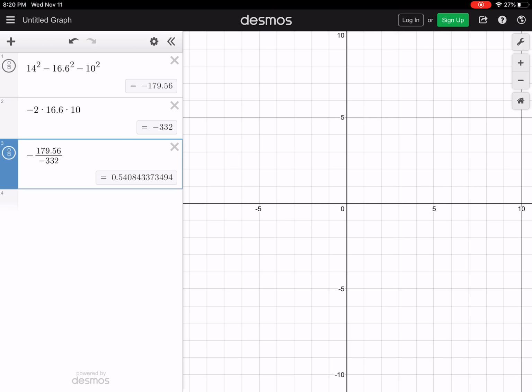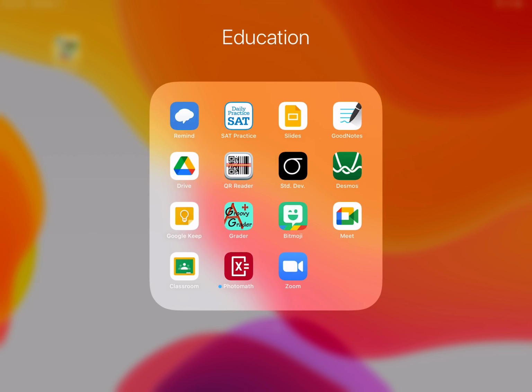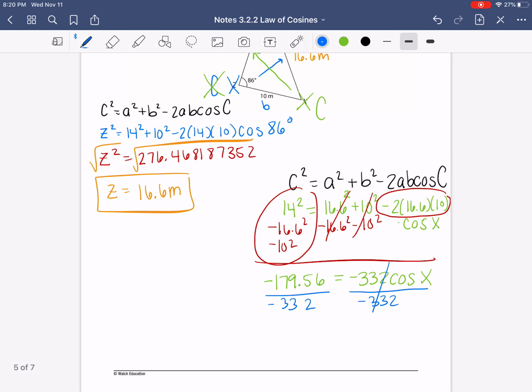Okay, so we're going to write that out. So we got 0.5408437349 maybe, is equal to cosine x.